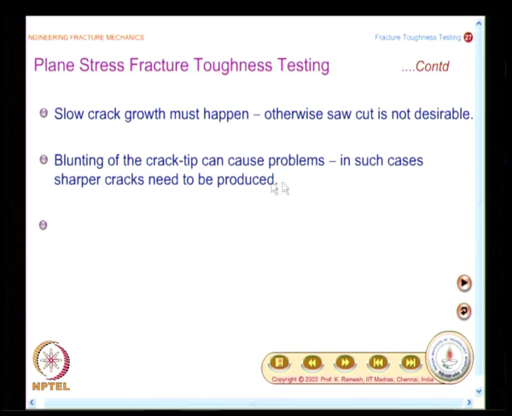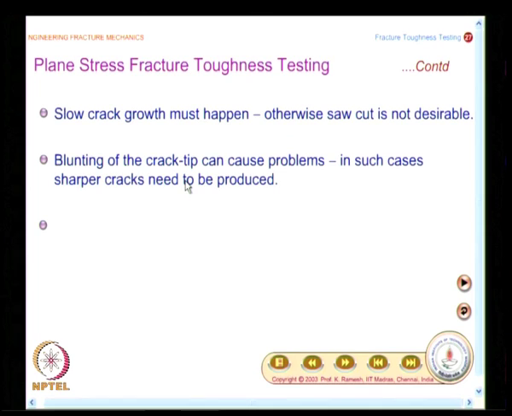So, in that case also you have to ensure that sharper cracks are produced. See, if we go to a photoelastic experiment, we will simply take a saw cut and then do it. We will say that you take the thickness of the cutter as thin as possible, maybe of the order of 0.1 millimeter or less, and then make a thin slit.